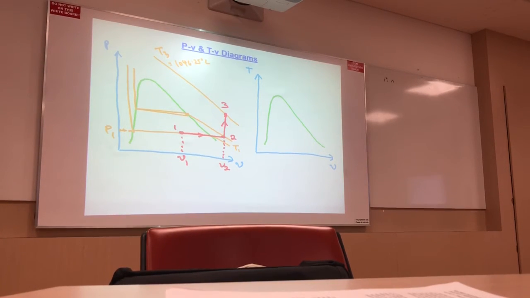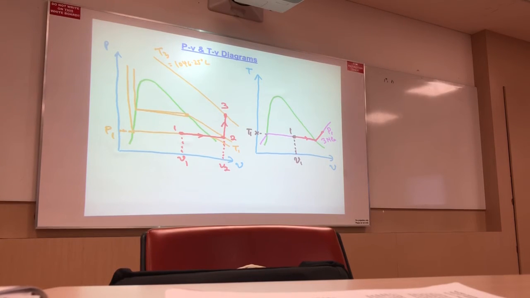Secondly, if you draw the TV diagram, I focus on initial pressure, right? Initial pressure is 3 megapascal, you remember. This is P1, 3 megapascal. So this is the initial temperature T1, right? And this is the initial specific volume. This is state 1. When you apply heat to the system, it follows constant pressure process, right? Constant pressure process, I can draw here.